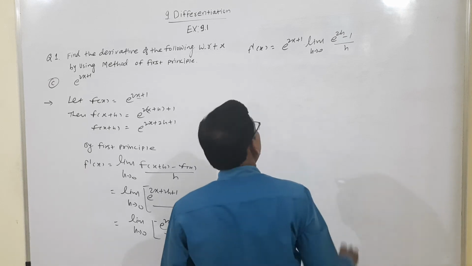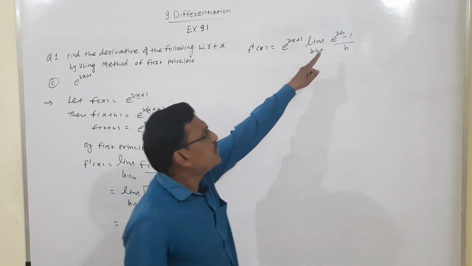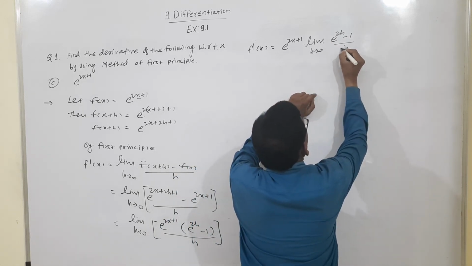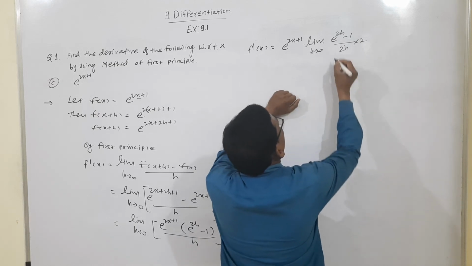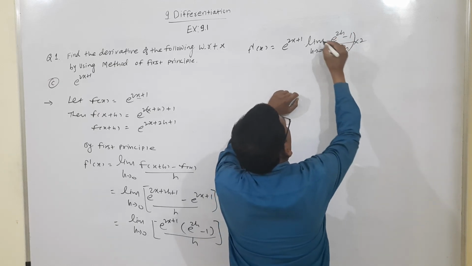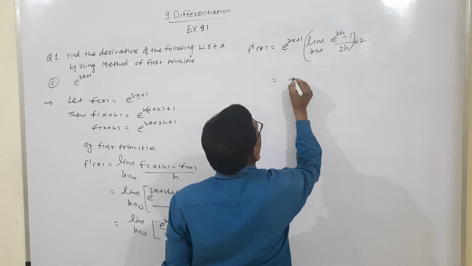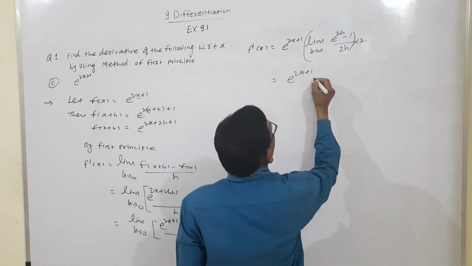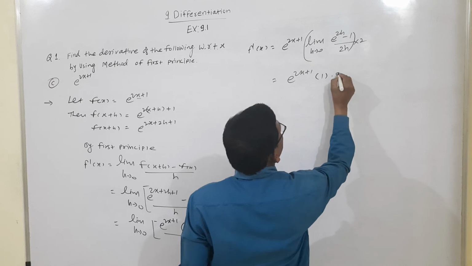Now, the power of the exponential function e here is 2h, but the denominator is h only, that's why we multiply and divide by 2, and then we apply the limit to this function. So e raised to 2x plus 1 is constant as it is, into its value 1, into this 2.